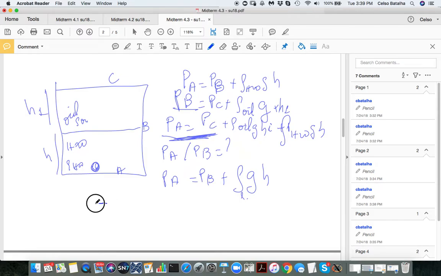Pascal principle. So we have these tubes, and we did this in class. It's a classical exam question. If you take an exam to be a teacher or for PG&E or some technical job, this Pascal principle will appear, and I can assure you of that. So we have an area A2 and an area A1.